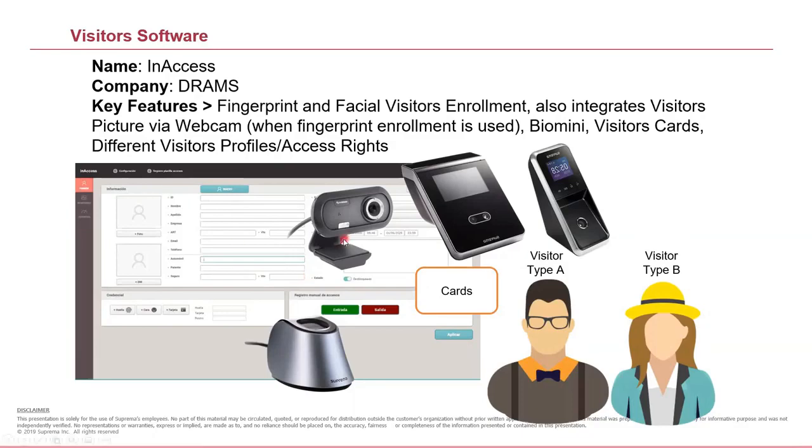And here, as you can read in the description of the key features, you are able to establish different types of visitors. You are able to enroll using either Face Station 2 or Face Light, not only the BioMini Plus 2, or taking pictures only through the webcam.